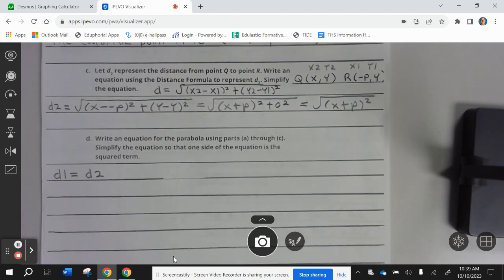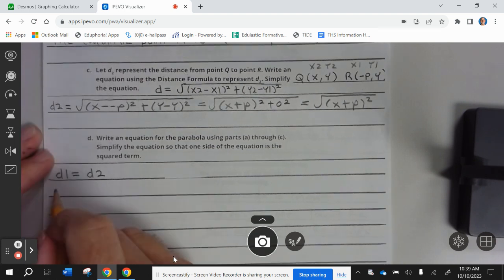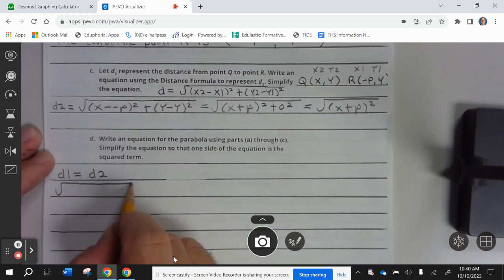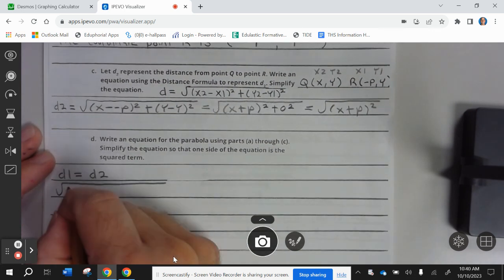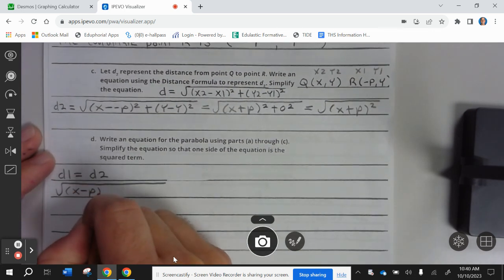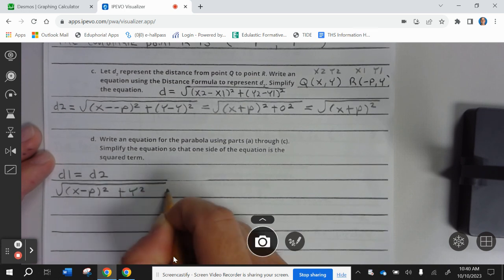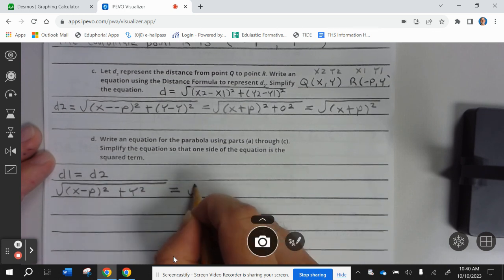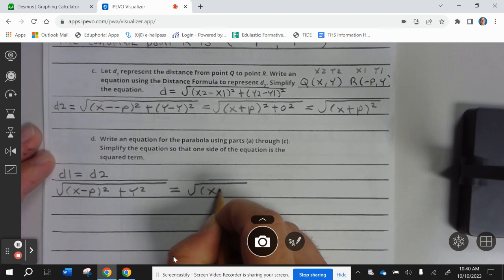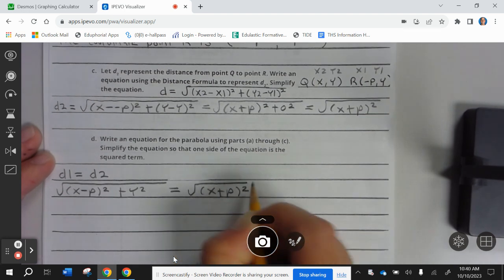D. Write an equation for the parabola using parts A through C. Simplify the equation so that one side of the equation is the squared term. So d1 is equal to the square root of (x minus p) squared plus y squared, which equals the square root of (x plus p) squared.